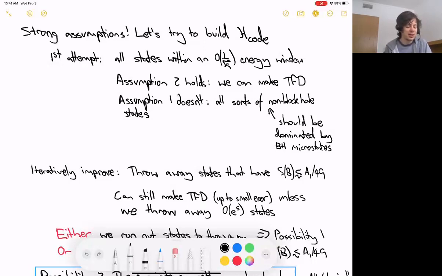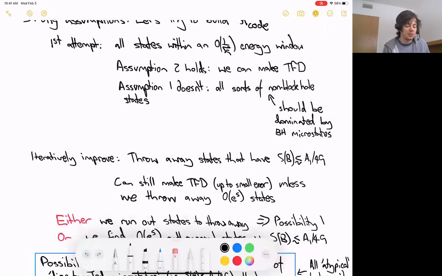And the good news is that we can do this for a very, very long time and still be able to make a good approximation of the thermofield double state. The thermofield double state is a very highly entangled state that does not have much support on any given microstate on either side. So it turns out we can throw away order e to the Bekenstein-Hawking entropy different orthogonal states and still have a code subspace that approximately looks like the thermofield double state.